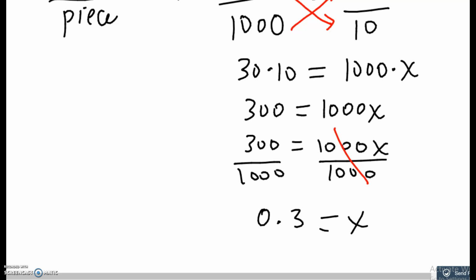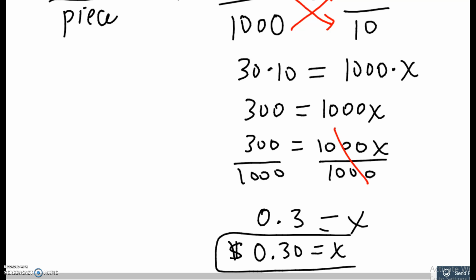If we were expressing this in terms of money, this is 30 cents. And that's the answer for example number 2.